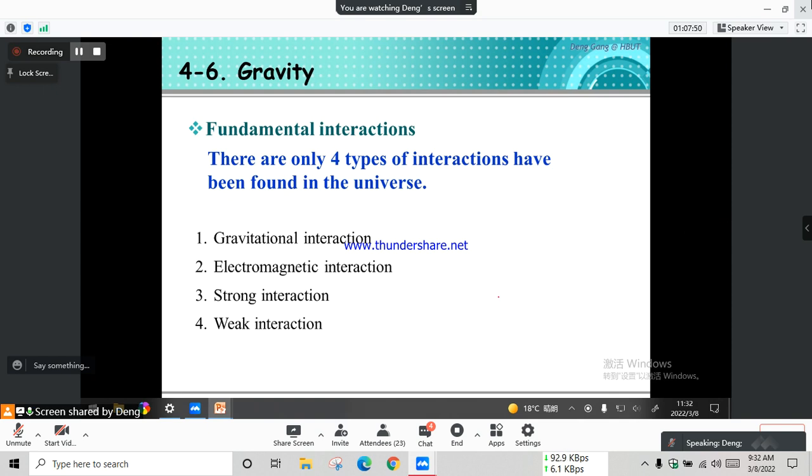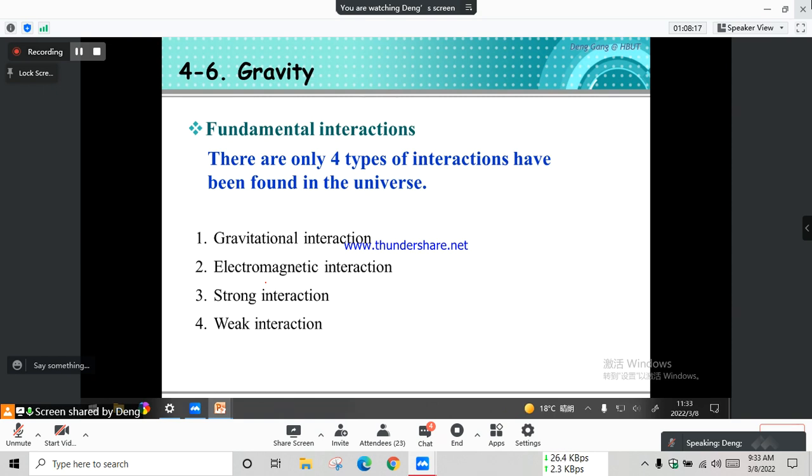The gravitational interaction, which means the gravitational force, and the electromagnetic interaction. Actually, the elastic force is one kind of electromagnetic interaction. Why? Because the elastic force is due to the change of the shape of the solid, and the solid wants to go back to its original shape.